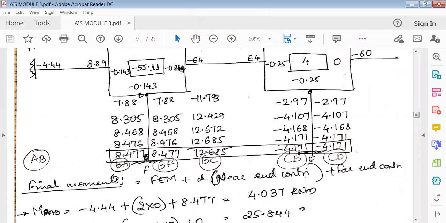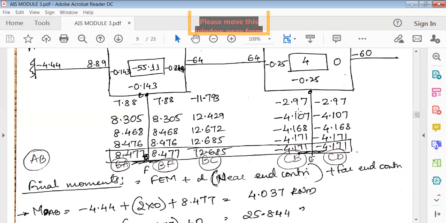Okay, it is 8.305. Write it here. Similarly, here also it is same. The rotation factor is same. You can write the same answer. Here what happens is minus 55.11 minus 2.97, because these are the two members connecting. So minus 2.97. Okay, minus 2.97 into 0.25. Write it here.